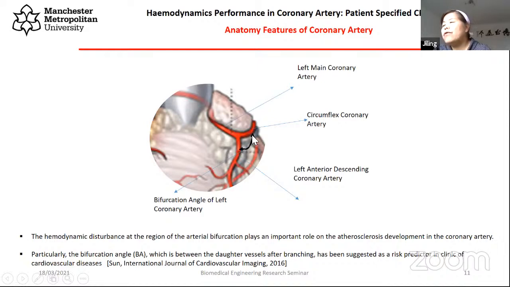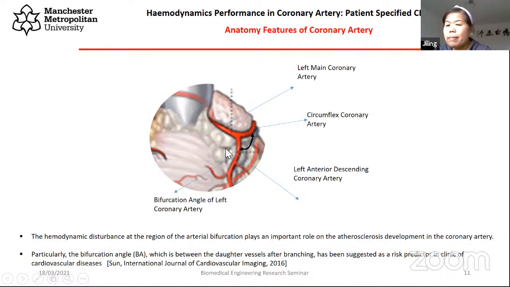From some previous studies, this angle could have an effect on the blood flow and could be related to atherosclerosis formation and development.